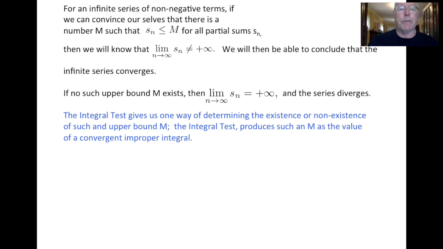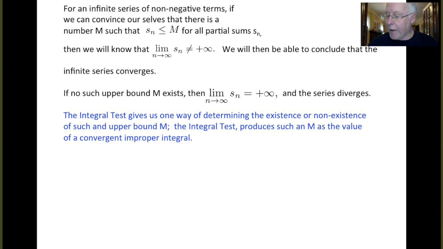On the other hand, if there's no such m, that is, you give me an m, and I can always find some n to make S sub n bigger than m, then we'll know the sequence S sub n diverges to plus infinity, and the series diverges to plus infinity.